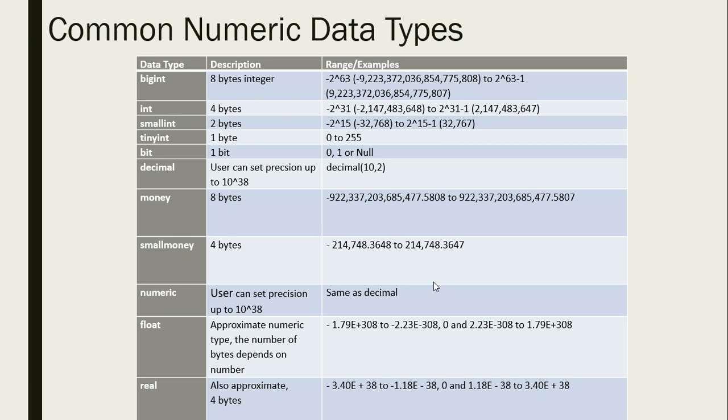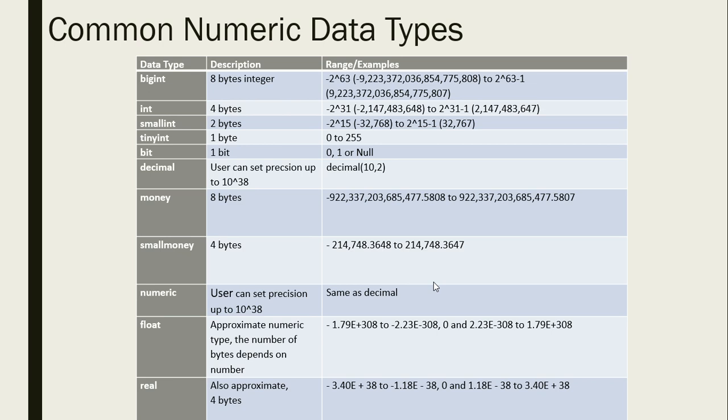Every database engine has its own rules about how big these are. These are different in all the database engines. So for example, for MariaDB and MySQL, we can look these up and see what the specifics are. These are all just from ANSI, so they're pretty common across most database engines. But again, these are common numeric data types.